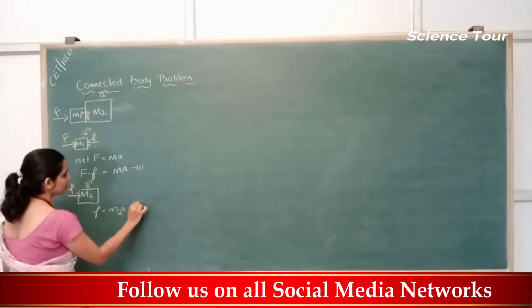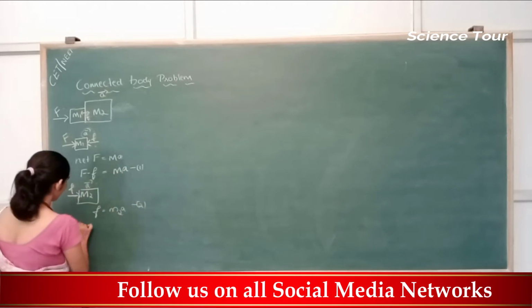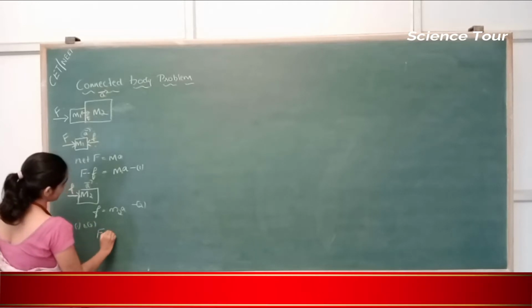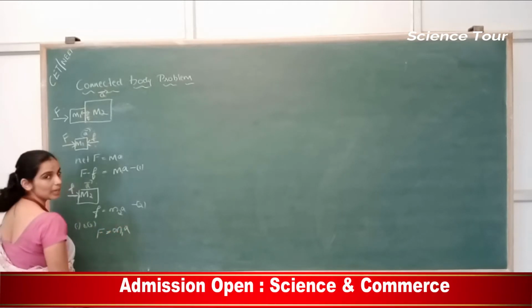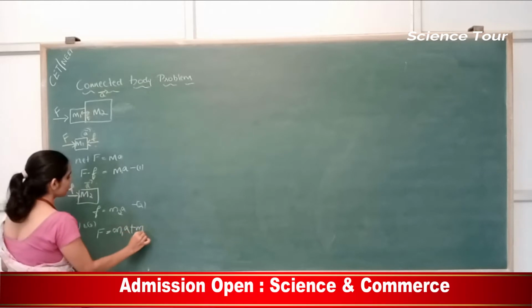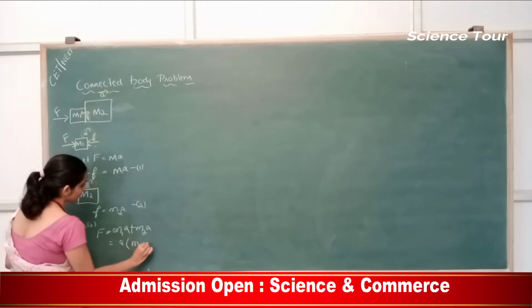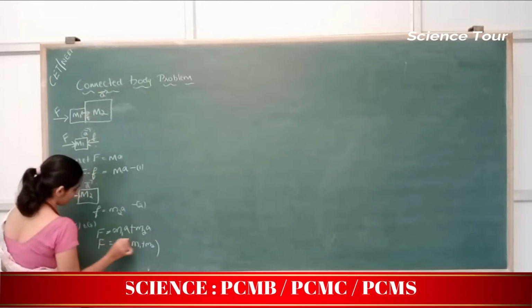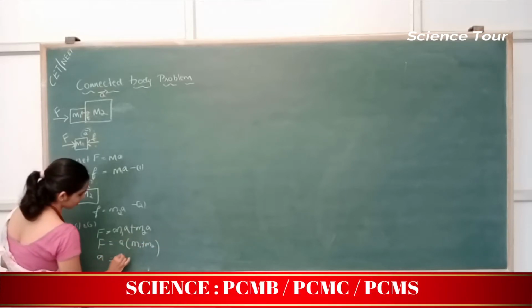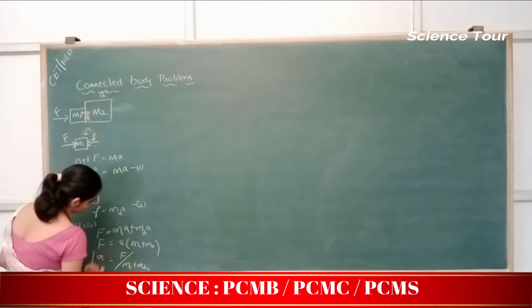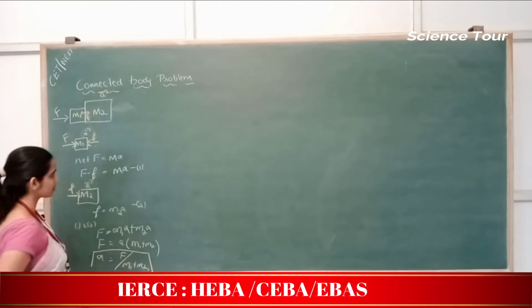Equations 1 and 2 give F is equal to m1 into a plus m2 into a. So a into m1 plus m2 is equal to the applied force, acceleration is equal to applied force by m1 plus m2. This is the acceleration of the system.